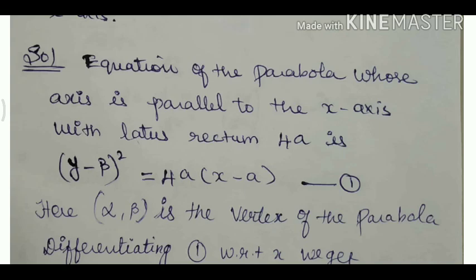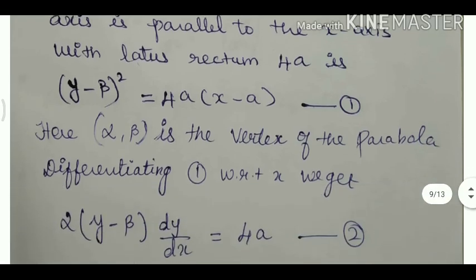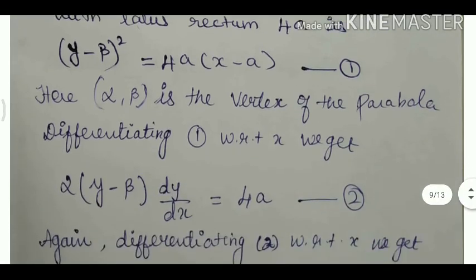Here α and β are the vertex of the parabola. We have to differentiate in order to find the value of a. Here (y − β)² is differentiated, and we are getting 2(y − β) dy/dx = 4a. Okay, so this is the second equation.